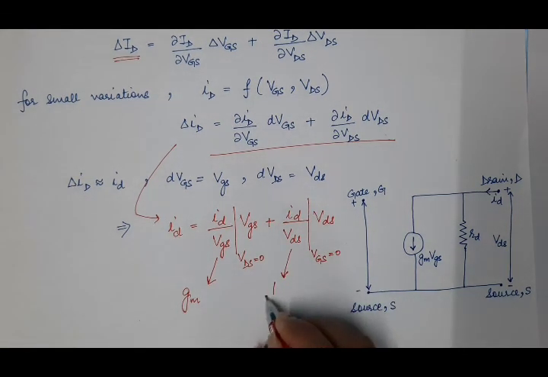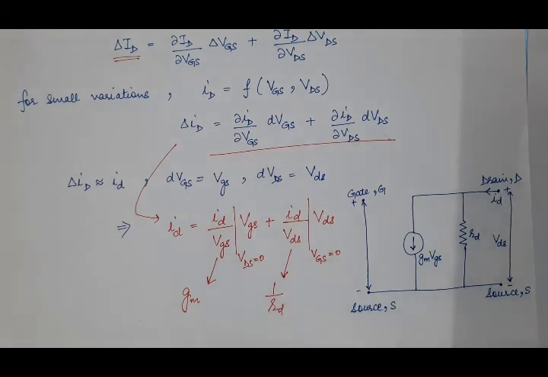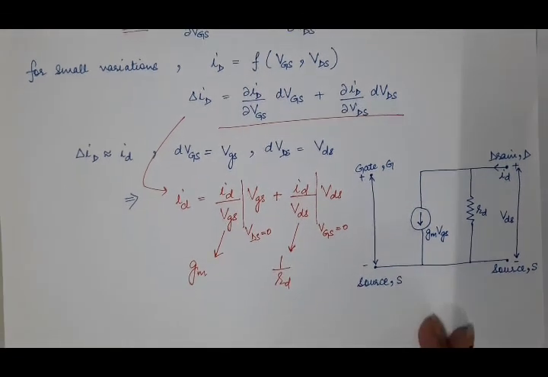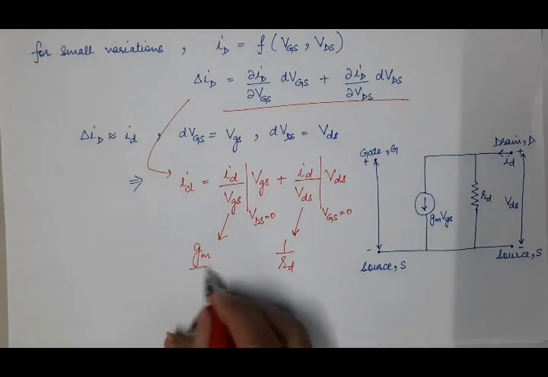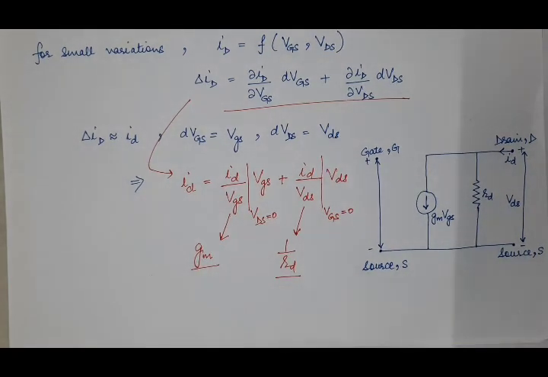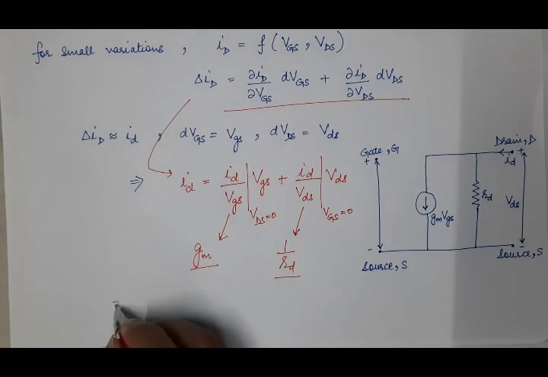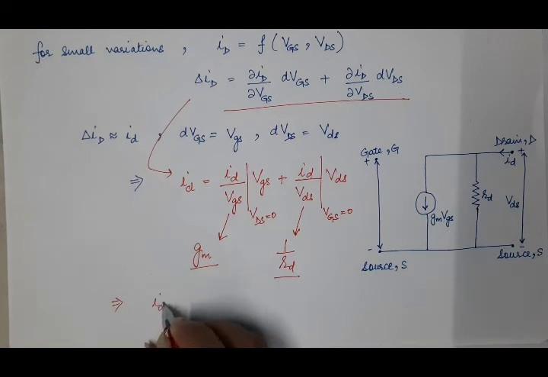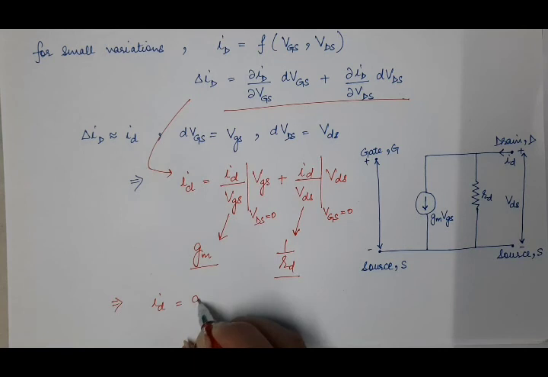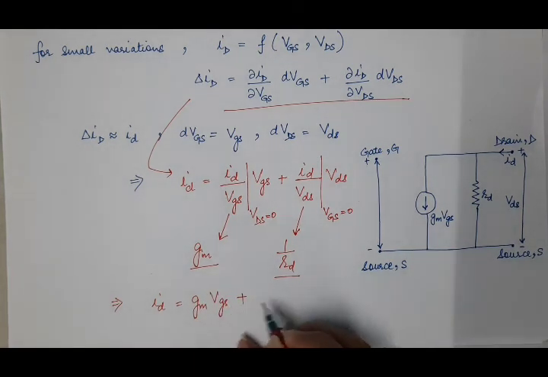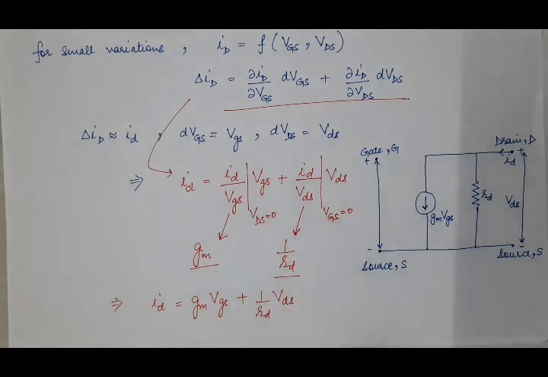So it is equal to 1 upon rd. So these are the two parameters of FET, and the equation becomes id, which is the small signal drain current, equal to gm vgs plus 1 upon rd vds.